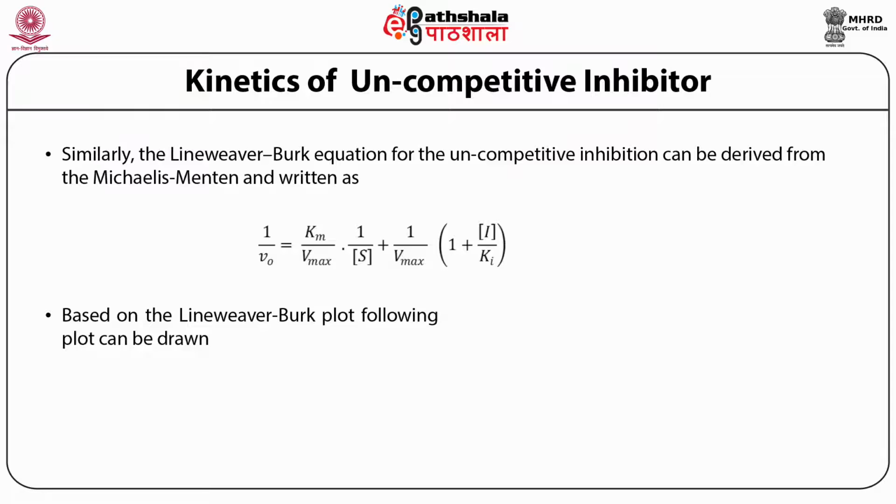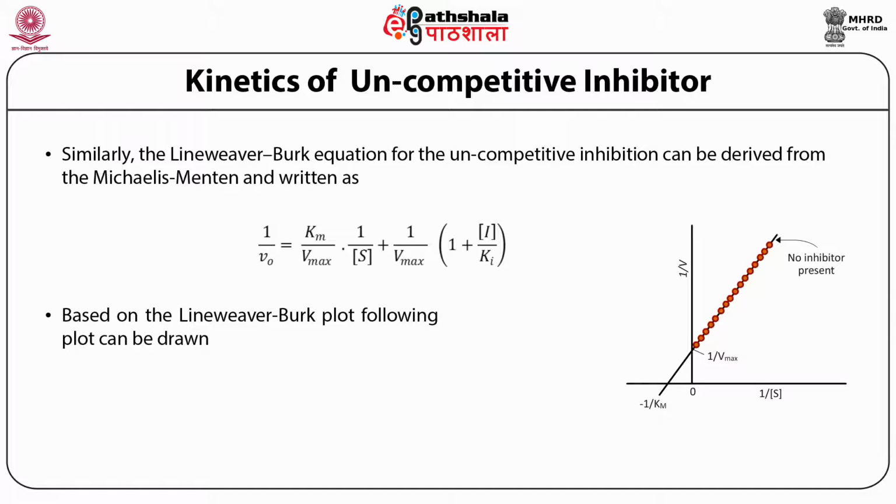From the graph you can see that in the presence of uncompetitive inhibitor, 1 by Vmax increases and 1 by Km also increases, which shows that if you reverse the value of 1 by Vmax, Vmax decreases. If you reverse the value of 1 by Km, Km also decreases. So in the presence of uncompetitive inhibitor, both Km as well as Vmax decrease.